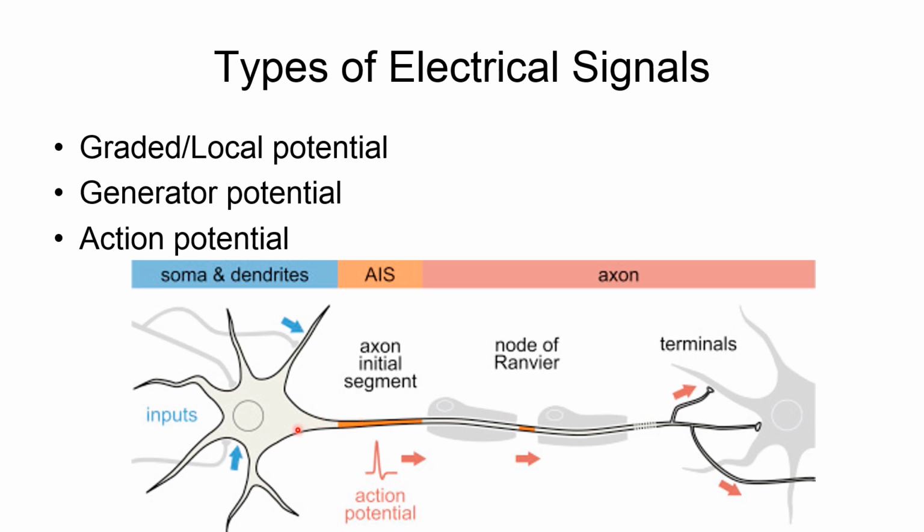So if they reach here, we know the sodium voltage channel has 2 gates, an activation gate and an inactivation gate. The activation gate was closed and the inactivation gate was open. Now these charges can open the activation gate and sodium will go into the cell.